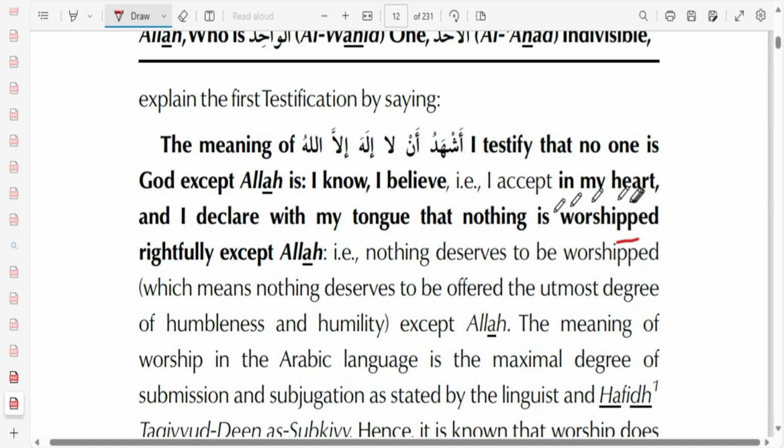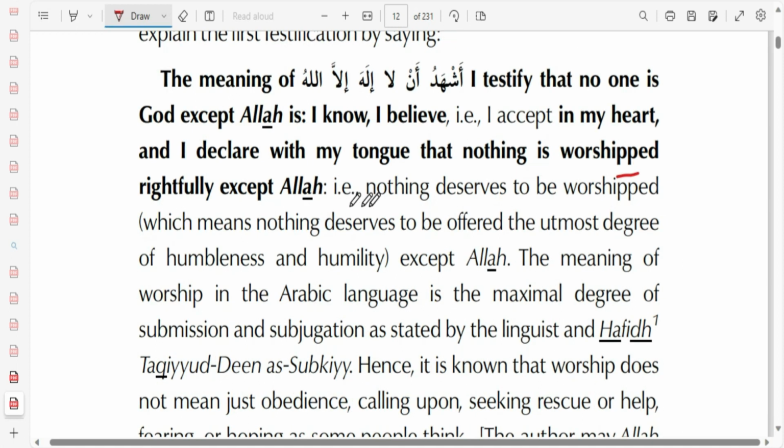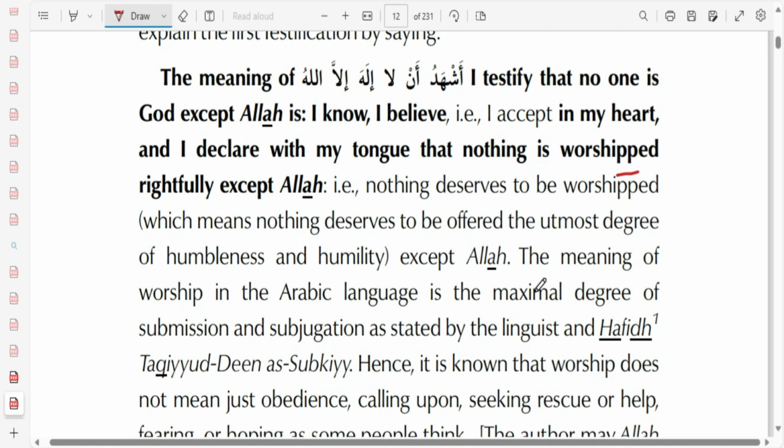And I like that personally, it makes sense. I.e., nothing deserves to be worshipped, which means nothing deserves to be offered the utmost degree of humbleness and humility except Allah. Nice wording.